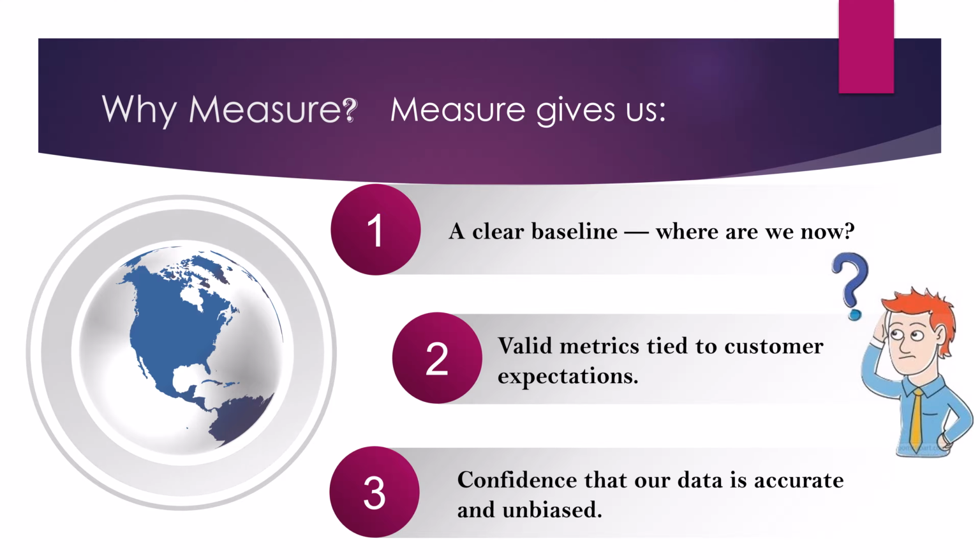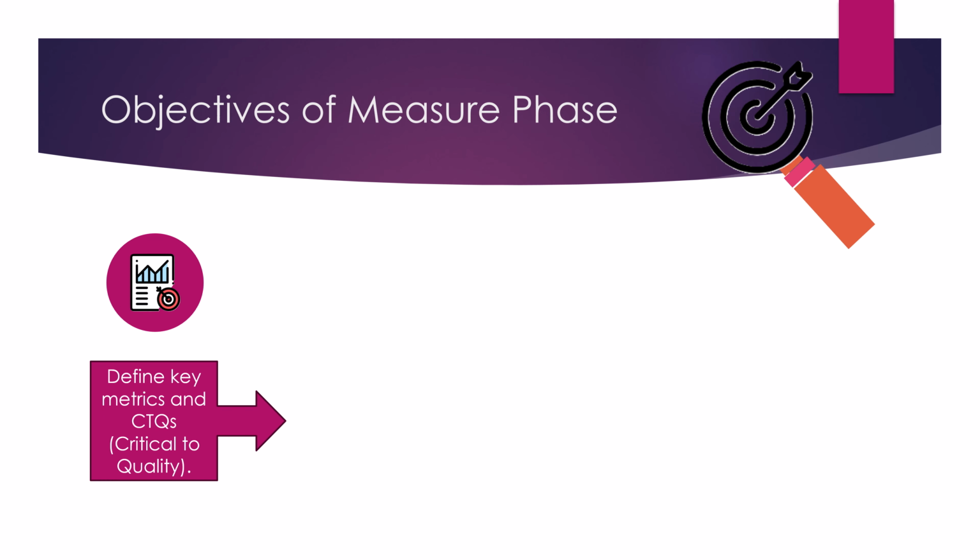So, think of the measure phase as turning on your headlights. It illuminates the path ahead, helping you move forward with certainty and precision. In the measure phase, our objectives are clear. First, we define the key metrics, the critical to quality measures, or CTQs, that truly reflect customer expectations.